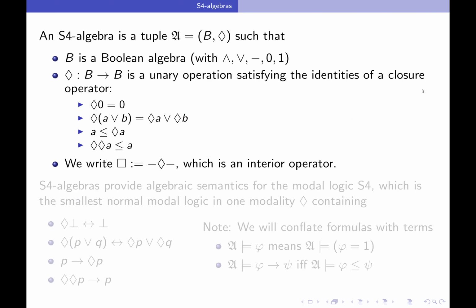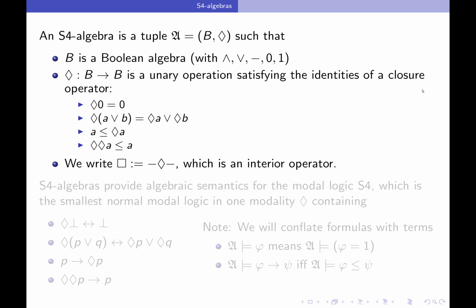So an S4 algebra is just a Boolean algebra with one additional unary operator that we traditionally write with a diamond. It's a tuple where B is a Boolean algebra, and I'll use this notation for the Boolean operations. And this diamond is just a unary operation on B, and it's a closure operator.